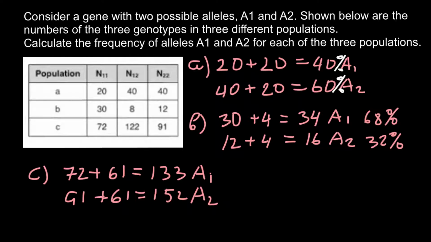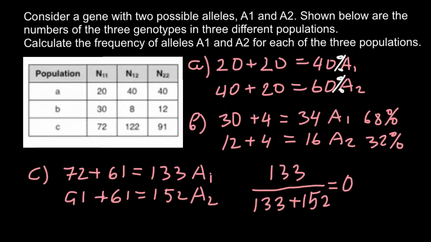We need one more step. This time we have to use a calculator. How do we find the frequency of A1 allele? We have to divide 133 by the total number of alleles, that is 133 plus 152. So we divide 133 by 285, and the answer would be 0.47 or 47%.